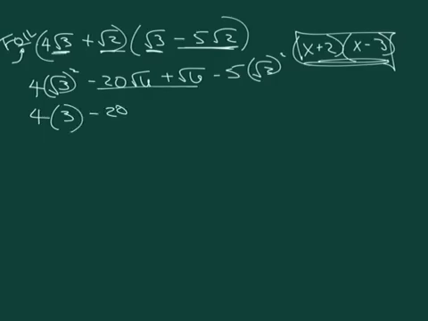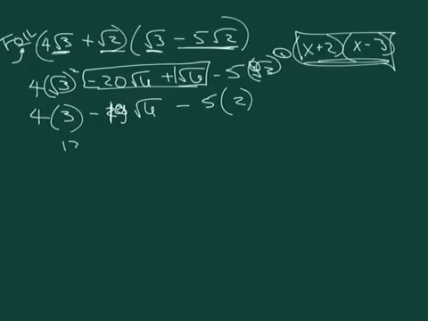Okay, let's add those. We can add those. So we're going to take negative 20 plus 1 square root of 6. That gives me negative 19 square root of 6 minus 5 times, remember, index and exponent are the same, you can take the signs off.